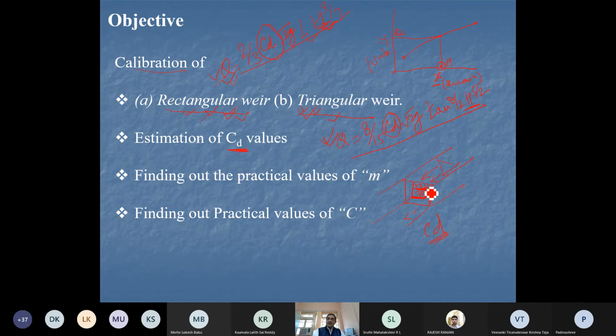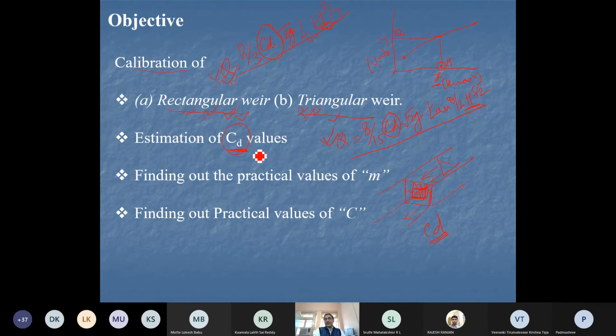Then if suppose we are trying to install a weir for the first time, it is important to know the value of CD, coefficient of discharge. So from the same two observations, head versus discharge, find out the value of CD for the weir.